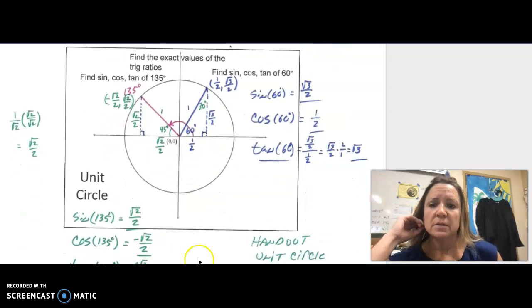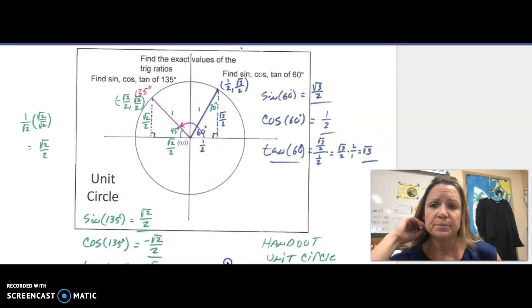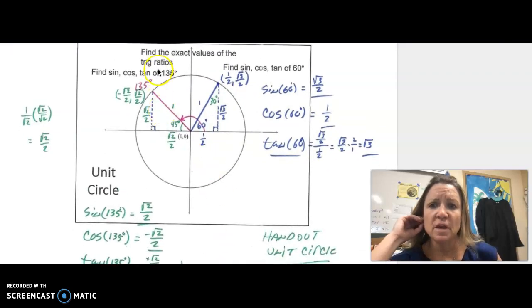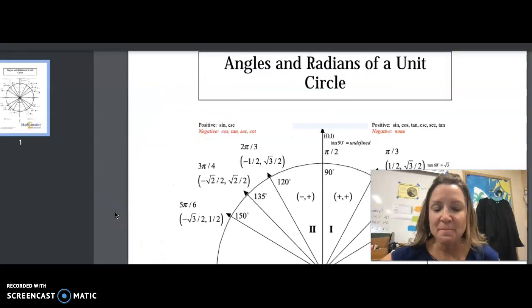All right. So we want to find the exact values of the trig ratios for sine, cosine, and tangent of 135 degrees. So here I popped over to the chart I'm referring to. It's titled Angles and Radians of a Unit Circle, and we're going to find 135 degrees here. And so our location is (-√2/2, √2/2).